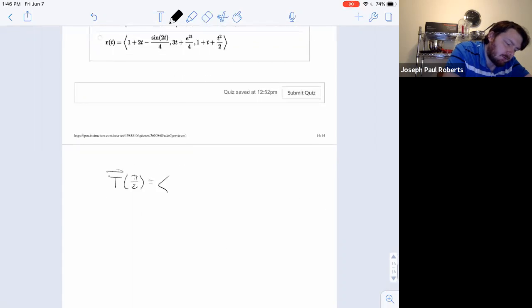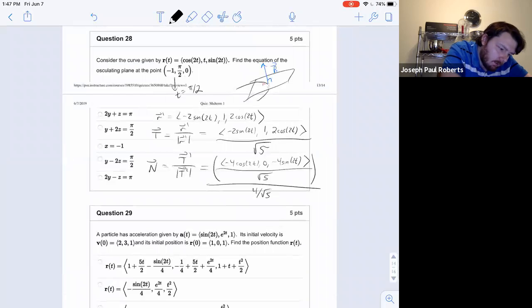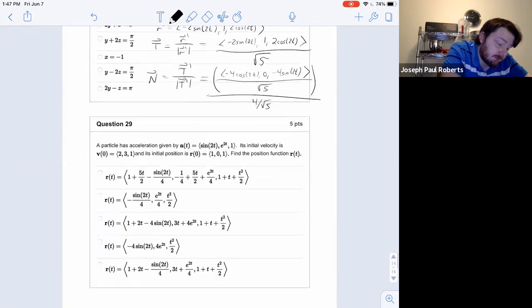Cosine of pi is -1. So 0, 1, -2 over root 5. And then n of pi over 2 is, well, -4 times cosine of pi is +4. So 4 over root 5.